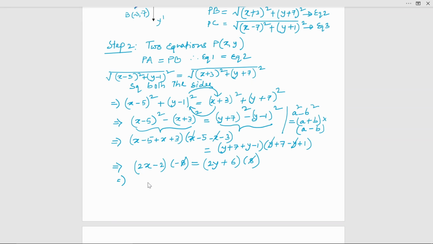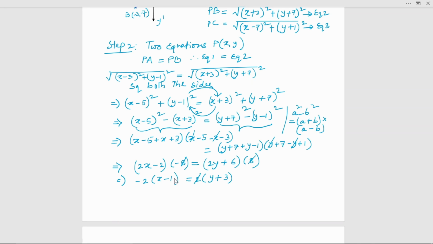I can take 2 out: this is x − 1 equal to, taking 2 out, y + 3.